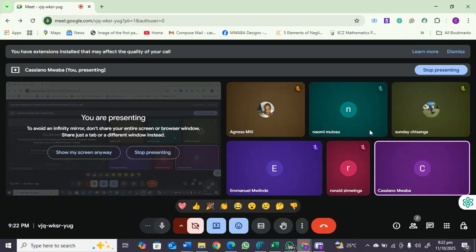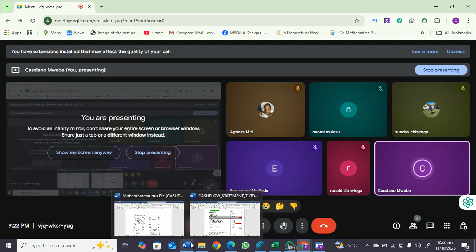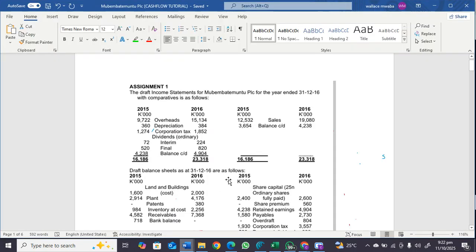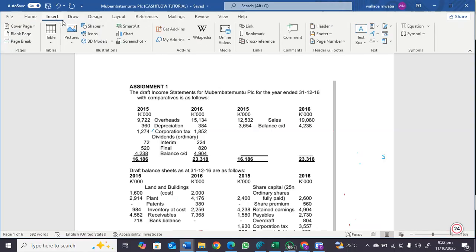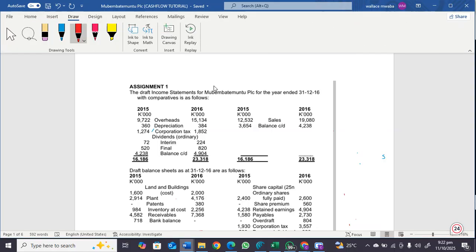So if we come to our financial statement here, we're looking at the year 2016. We look for our sales figure. Sales for that year: 19,080 kwacha. Then we look for operational expenses.